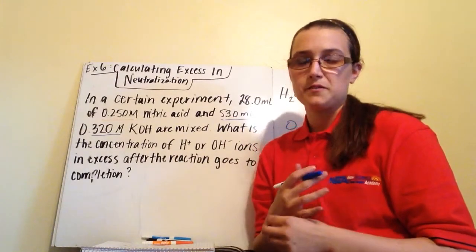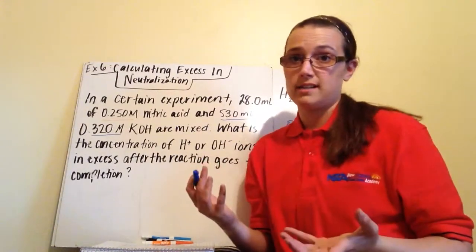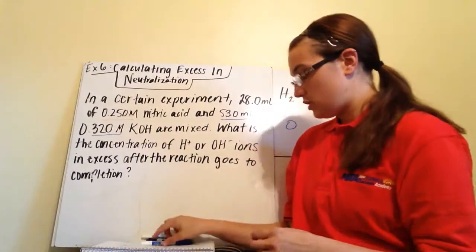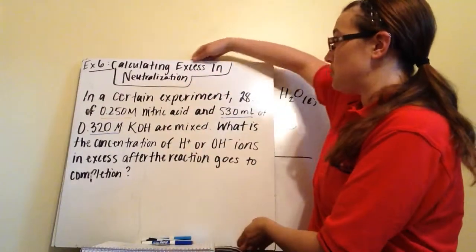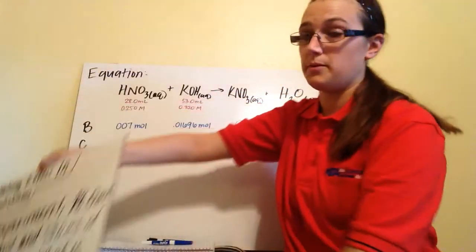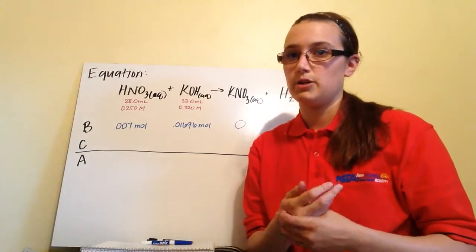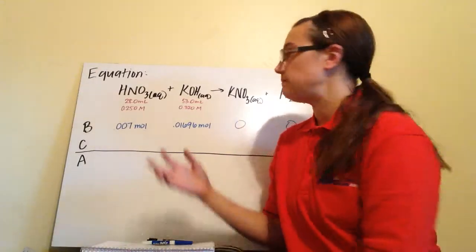Now what we have to do is figure out first which ion is in excess, and then calculate the concentration. Because this is going to be a stoichiometry problem, we saw the word excess, so we're probably going to have to do stoichiometry. First thing, write an equation.